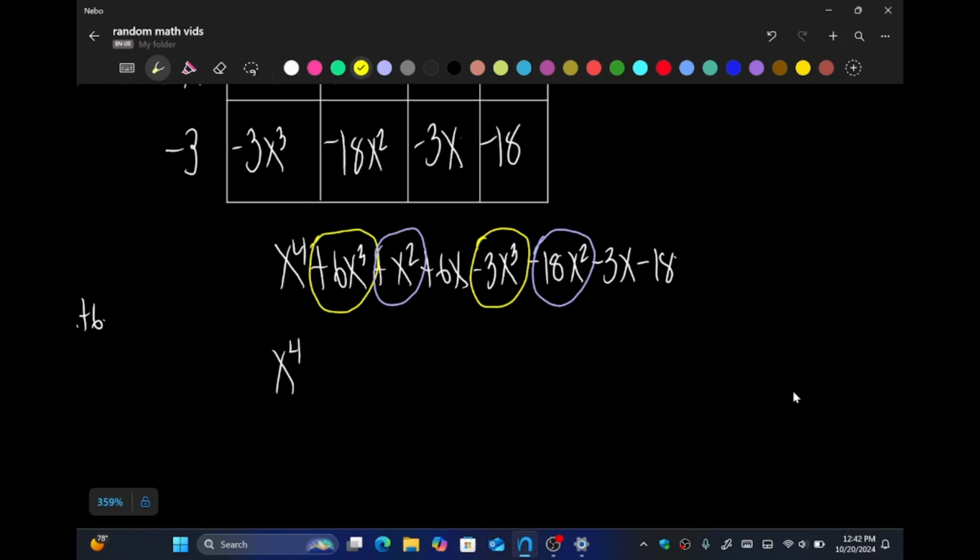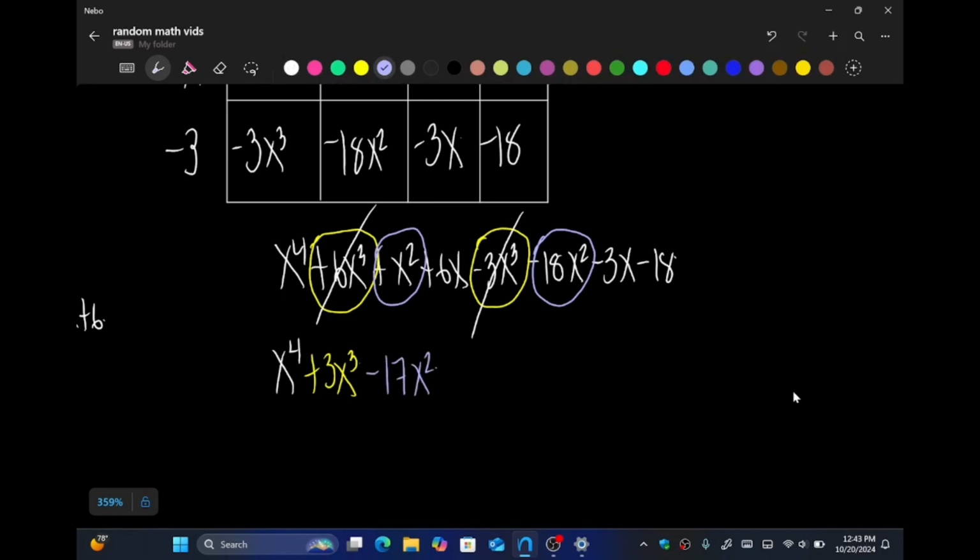So 6x cubed and negative 3x cubed, that's plus 3x cubed. And then, so those are going to go away, right? Okay. And then x squared minus 18x squared, that's negative 17x squared.